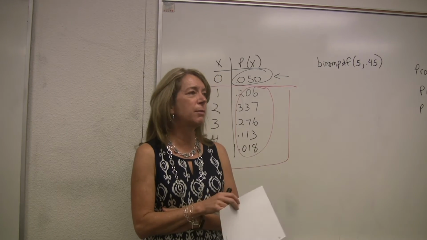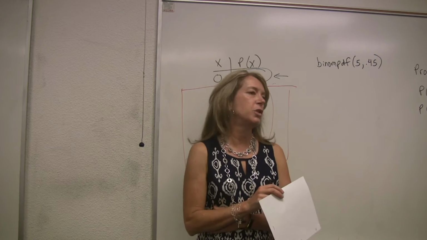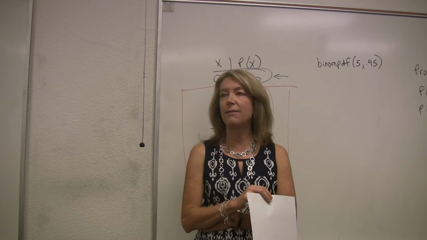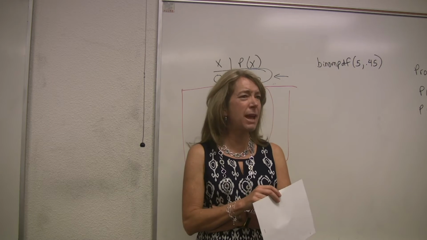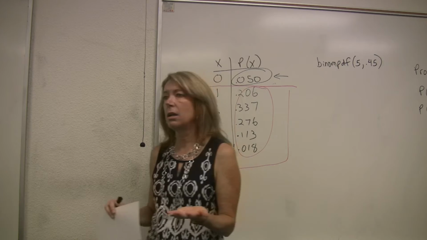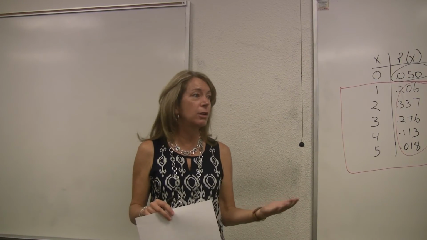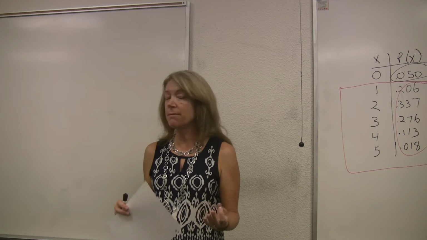Imagine, I think we talked before, if a family has 6 kids, how many girls would you expect them to have if they have 6 kids? 3. You'd expect them to have 3. It's not guaranteed, but why do we expect 3? Because it's a 50-50 chance. We expect half of them to be girls, so half of 6 is 3.